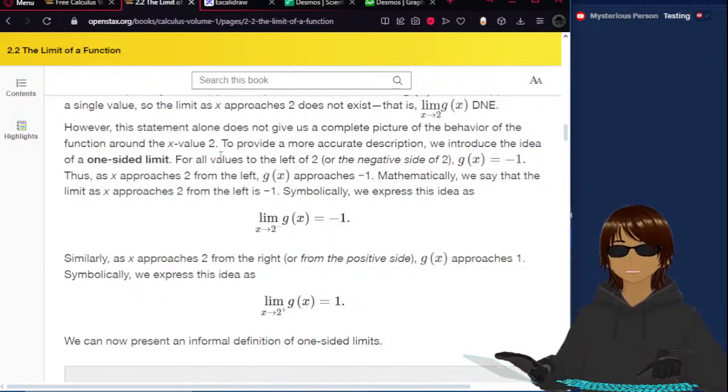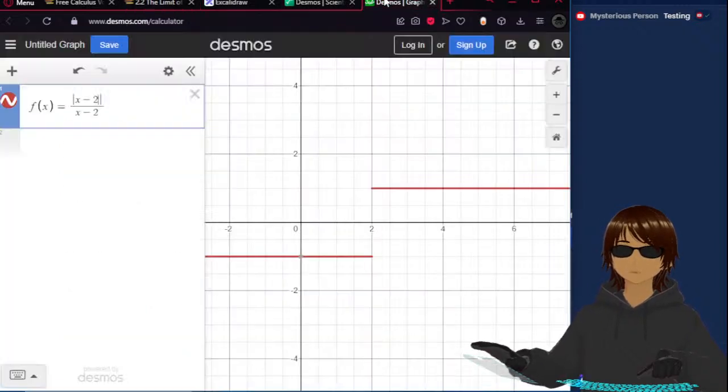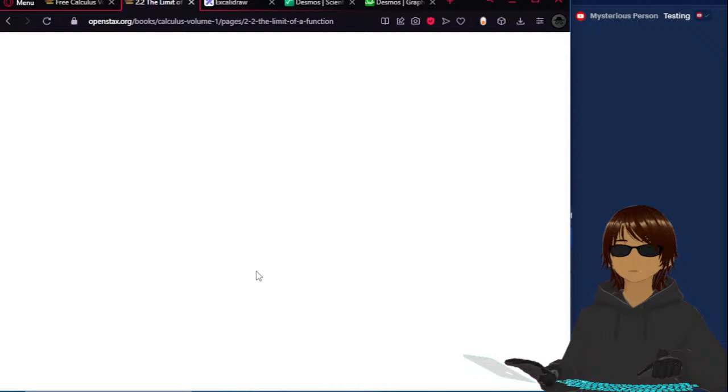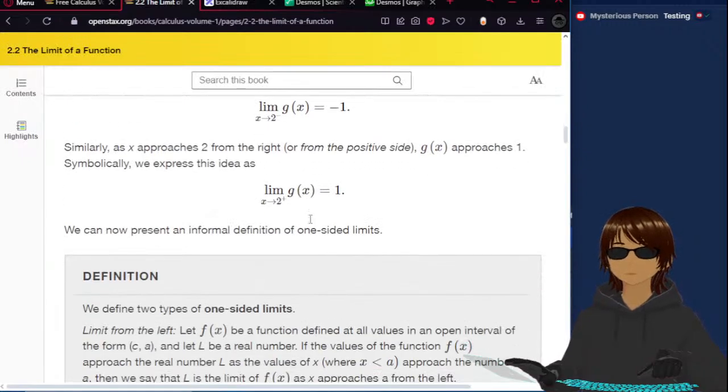For all values to the left of 2, or the negative side of 2, g of x is negative 1. For the positive side it will be plus 1.